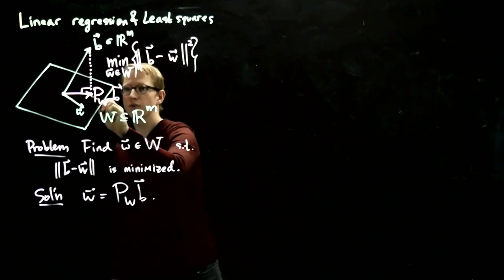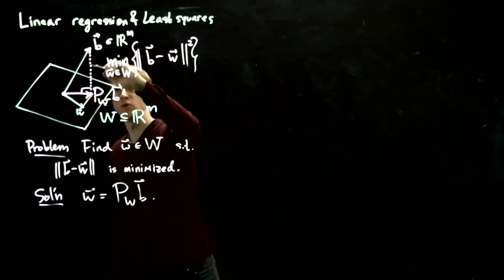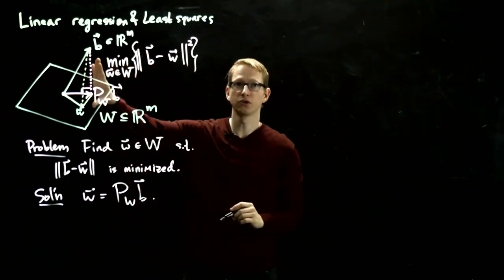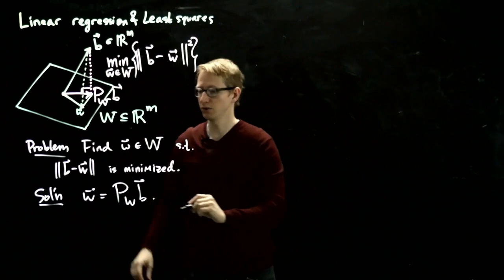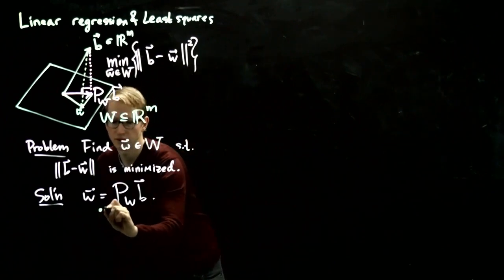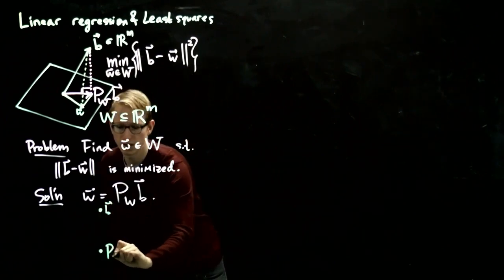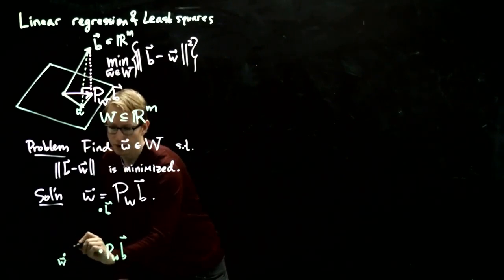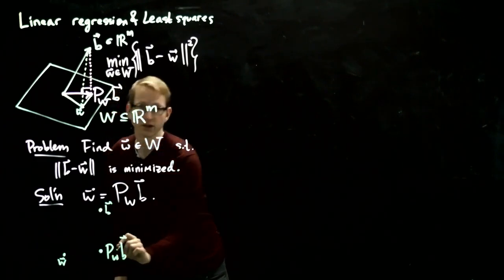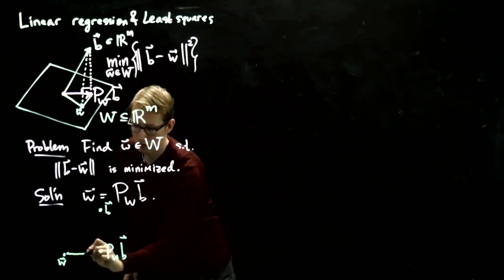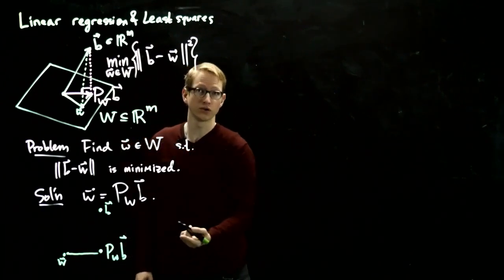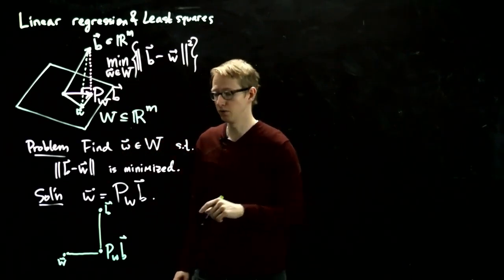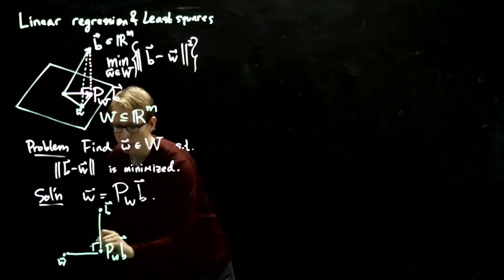Now, these three vectors form a right triangle. So it looks a little bit skewed from this angle, but if you turn this way, that triangle looks something like, here's B, here's the projection of B onto W, and here's some arbitrary vector w in the subspace W. These two vectors are in W, and so this line connecting them is also in W. The vector B minus its projection is perpendicular to the subspace W, and therefore this angle is a right angle.